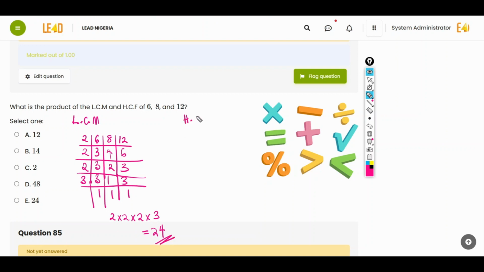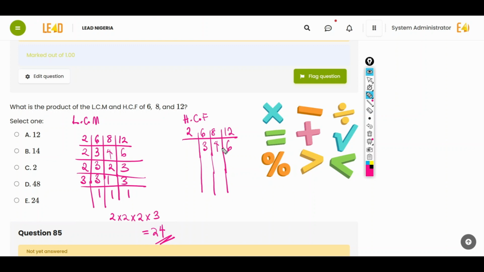Then for the HCF, we only divide by what can divide all of them, yeah? So we have 6, 8, 12. What can divide all of them? We know 2 can. We'll have 3, 4, and 6. All right, so there's nothing that can divide all of them anymore apart from 2.